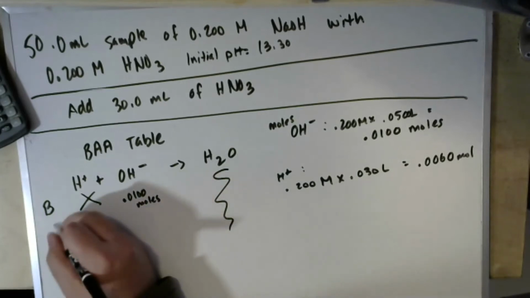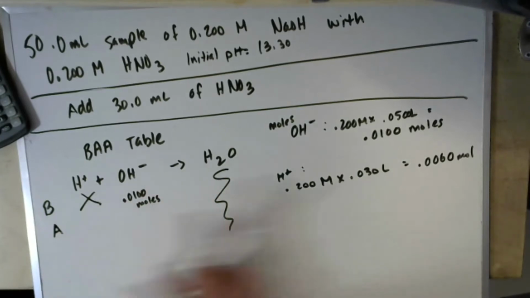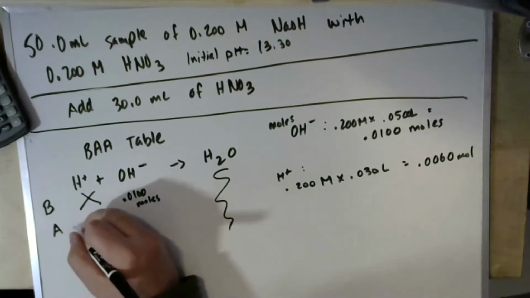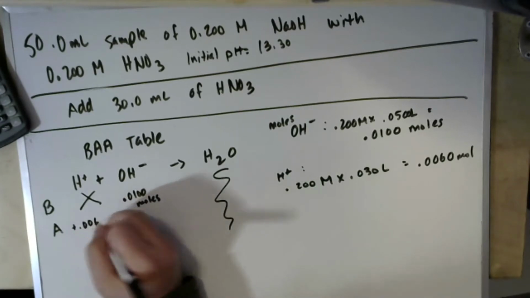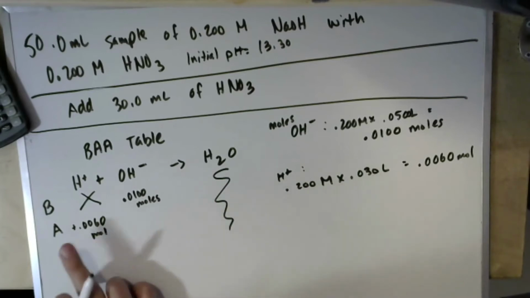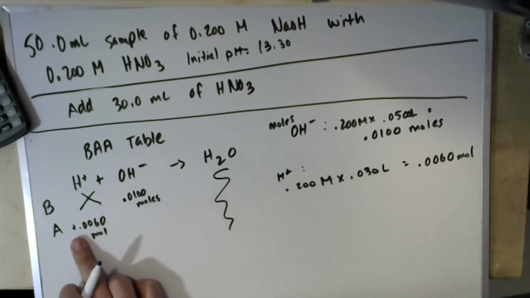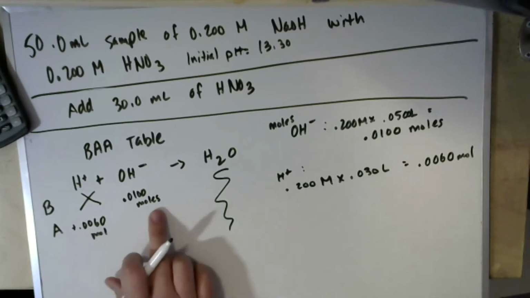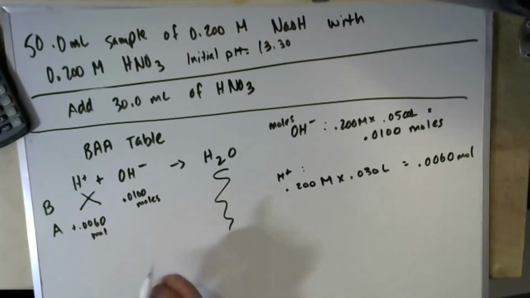In the addition step, we're going to be adding 0.006 moles of the H plus. And if we're adding the H plus, that's the amount of OH minus that we're going to be using up so that it can react with this H plus.